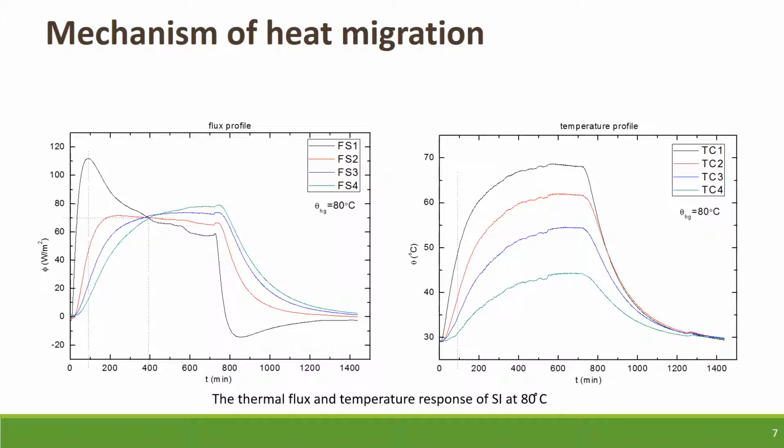Around 400 minutes the temperature is almost linear and parallel to the time axis, which shows that there is no change in the temperature with respect to time. So this establishes that the system has reached a steady state after 400 minutes.